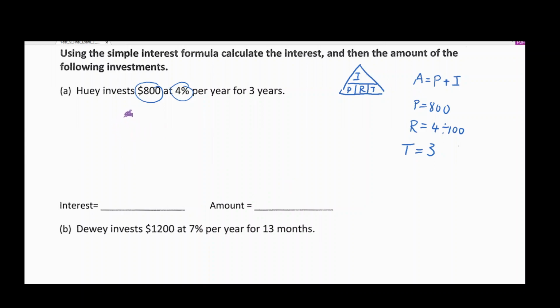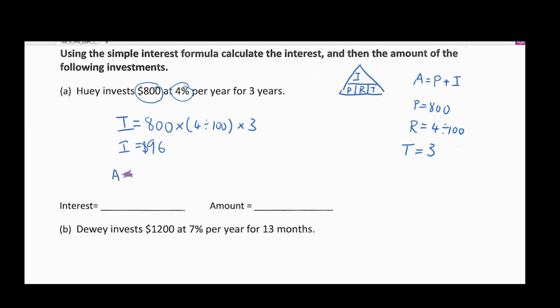So our amount, we need to figure out the interest first. So the interest is going to be the principal times rate times time. So that's going to be 800 times by our rate, 4 divided by 100, times by our time, which is 3. Our interest equals 800 times 4 divided by 100 times 3, which is $96.